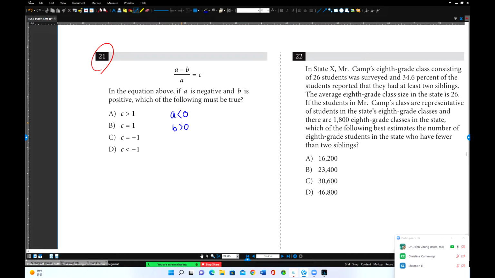Maybe you can think this way: a is negative, b is positive, and c is what? Minus times plus is minus, minus is negative, and another negative is going to be positive, we know that.